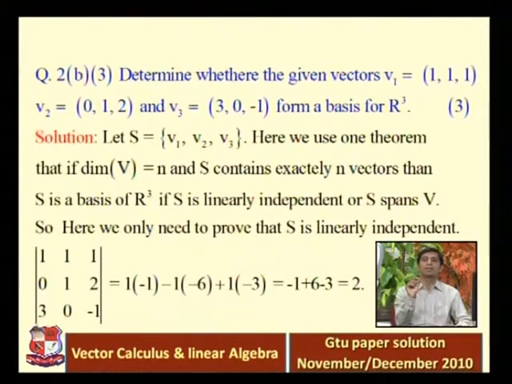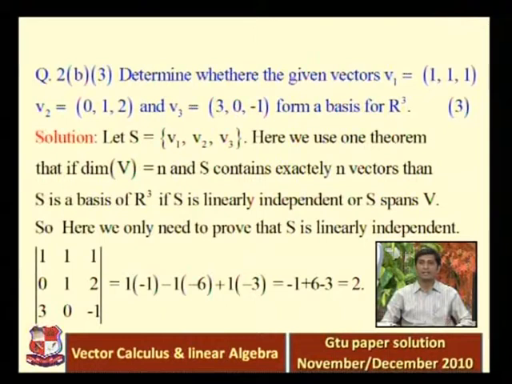This set S contains exactly 3 vectors. So you don't need to prove that S spans V. We just prove that S is linearly independent, so S spans R3 automatically, and that's why S is a basis for R3. So here we only need to prove that S is linearly independent.